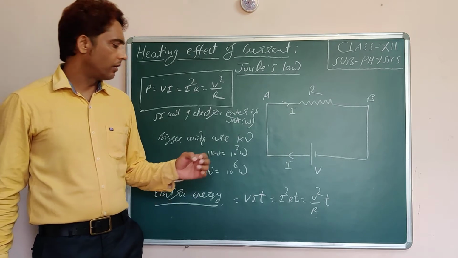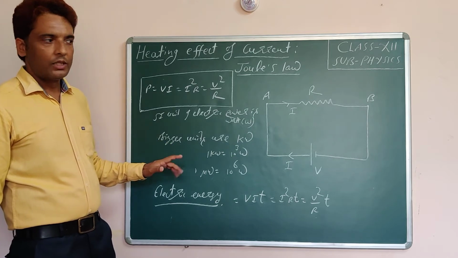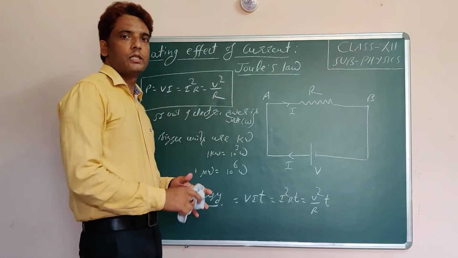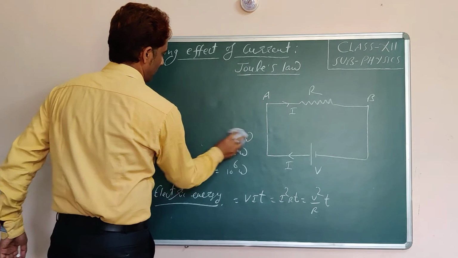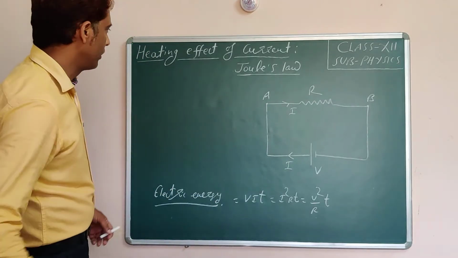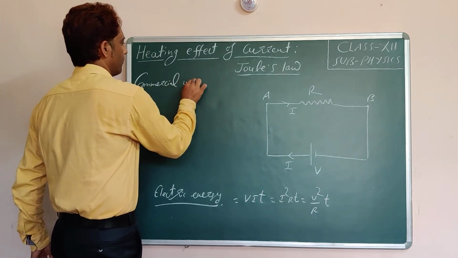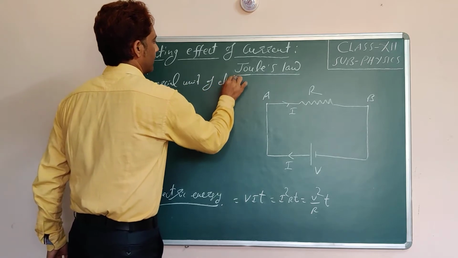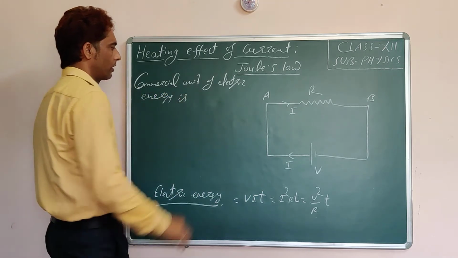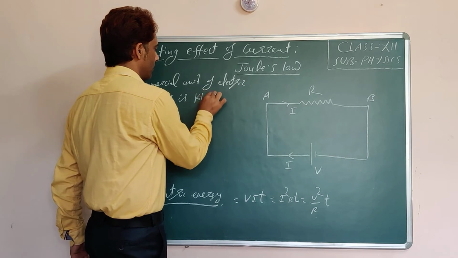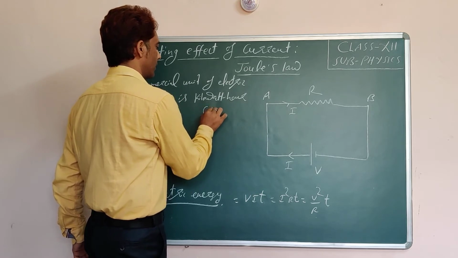The SI unit of any form of energy is joule, but the commercial unit of electric energy is kilowatt hour, or we can write it as kWh.